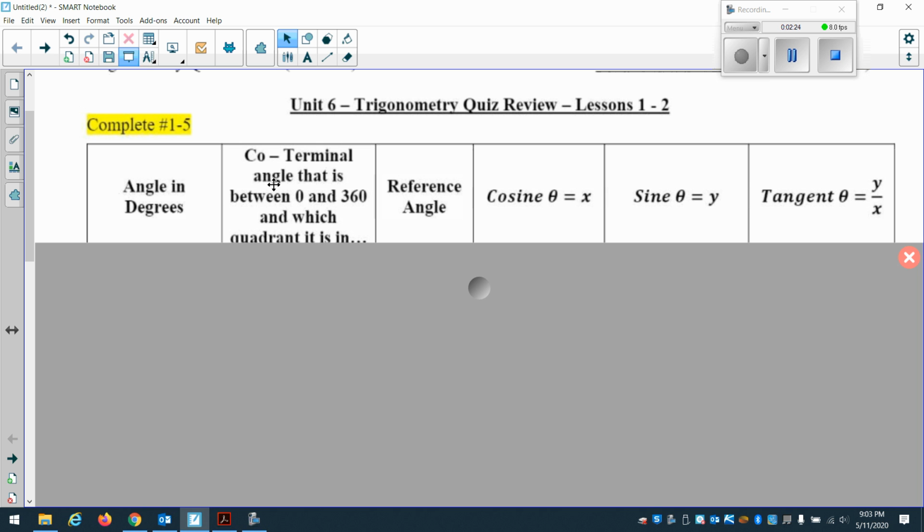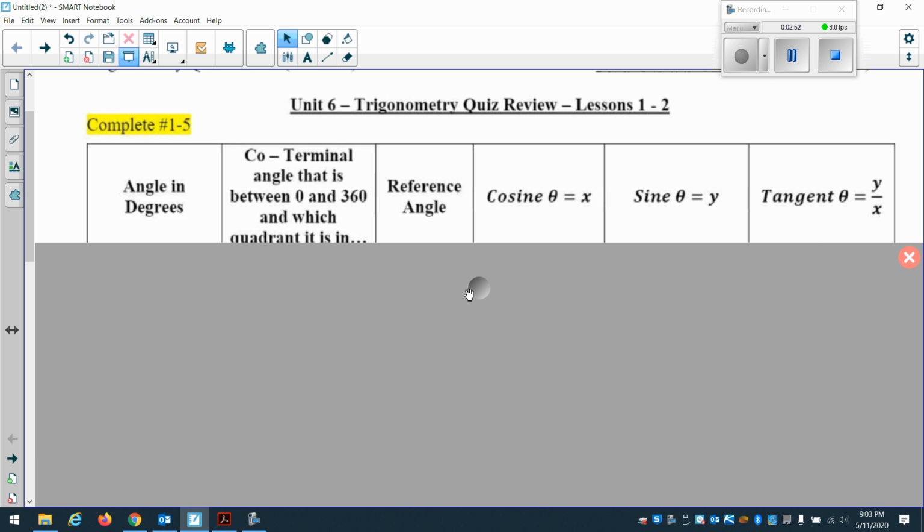You're given a specific angle that's probably greater than 360 or less than 0, which they want you to kind of refer back to the unit circle. So it's from 0 to 360. Your reference angle, which is either 30, 45, or 60. The exact value of cosine, which is your x, sine, which is your y, and tangent, which we're going to review, is y over x.